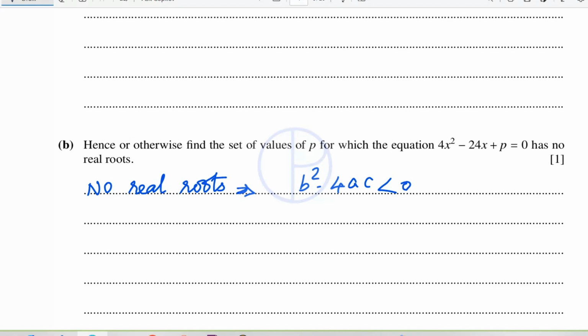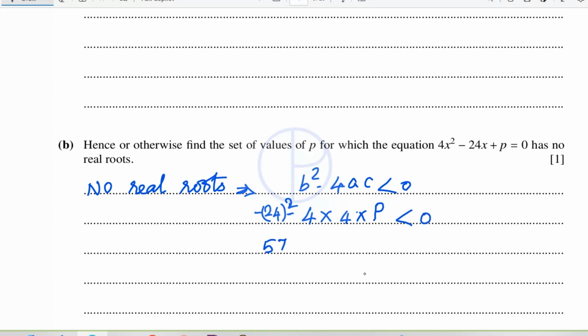What is b value? B values, 4 multiplied by 4 multiplied by p. This is less than 0.